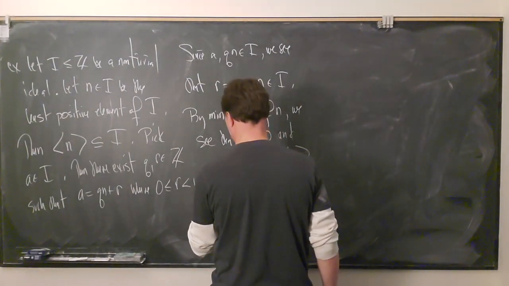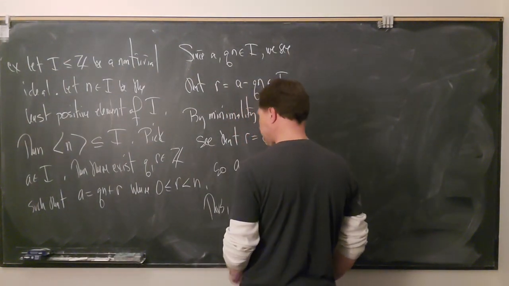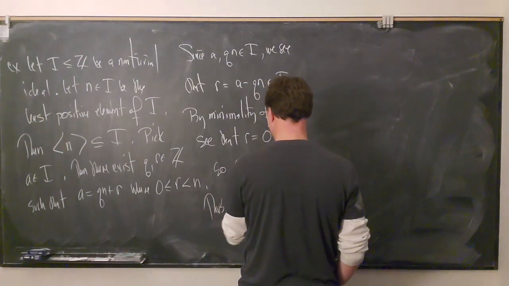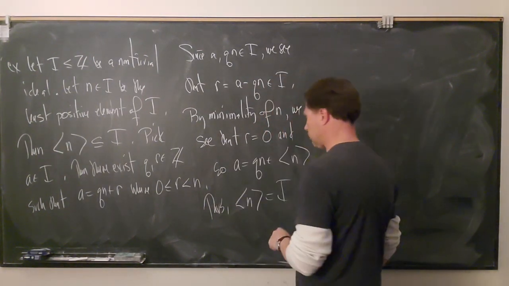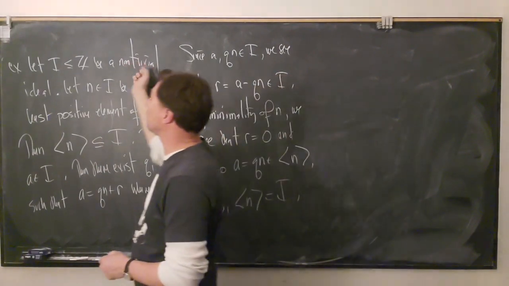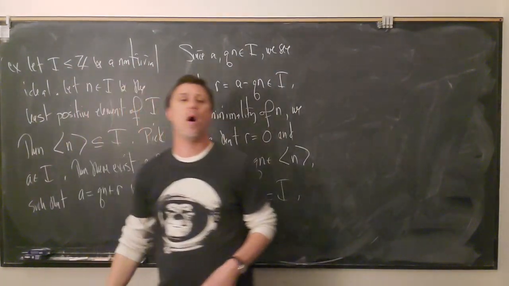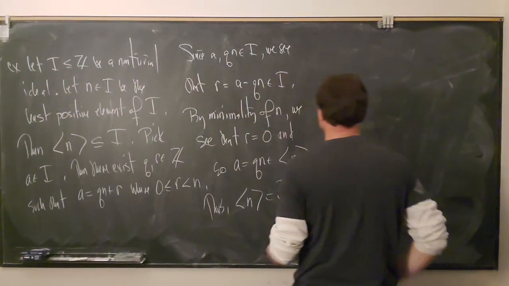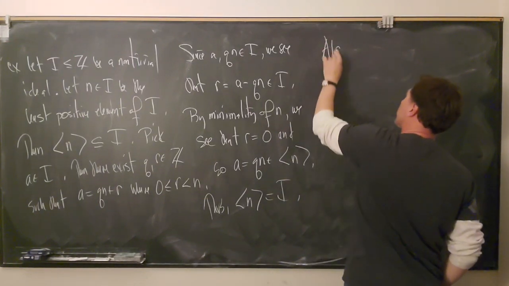Thus, the ideal generated by n is equal to I, which tells us that if we chose a non-trivial ideal, we're guaranteed that it's principal.